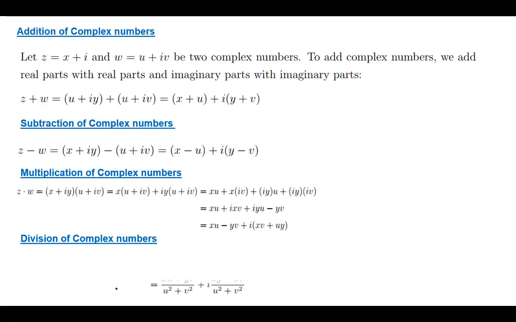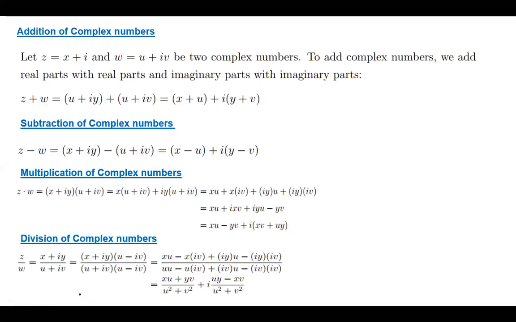Okay, let's continue. Yeah, so this is what I was talking about. When you have your z being equal to x plus iy, and then your w being equal to u plus iv, when you are dividing complex numbers, there's need of you in most cases to use what we call a conjugate.